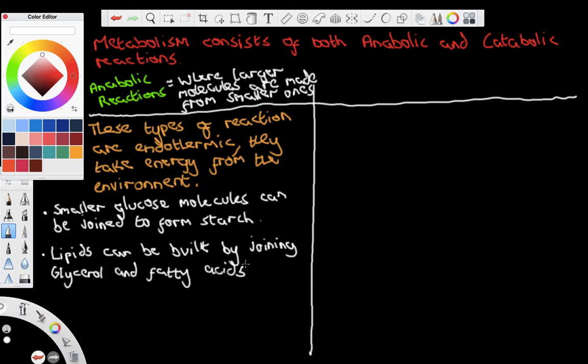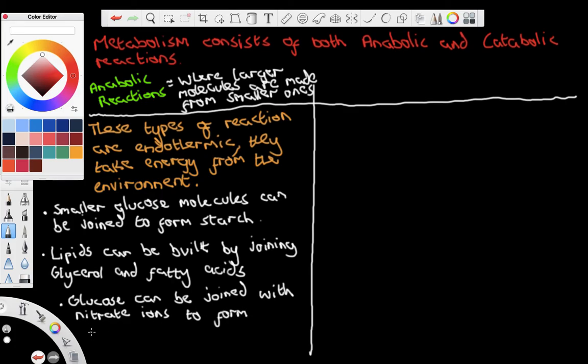Lipids can be built by joining glycerol and fatty acids. And we can also have that glucose can be added to nitrate ions to make amino acids. So glucose can be joined with nitrate ions to form amino acids.